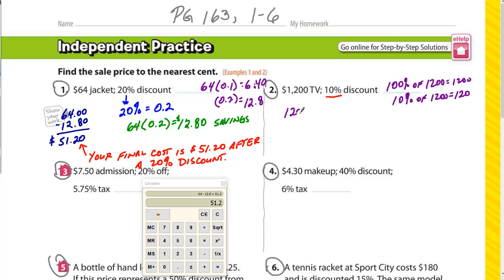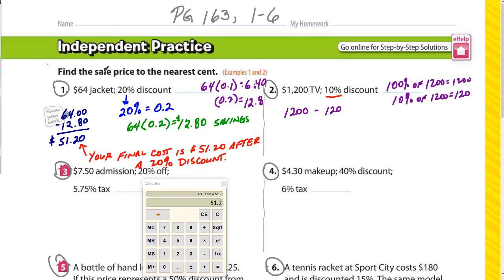So our 1200 minus our $120. 1200 minus 100 would be 1100. I'm going to break this down. I saw this really cool idea, and I'm going to try using it here. We're going to take away 120. We're going to kind of do this in a number talk way.